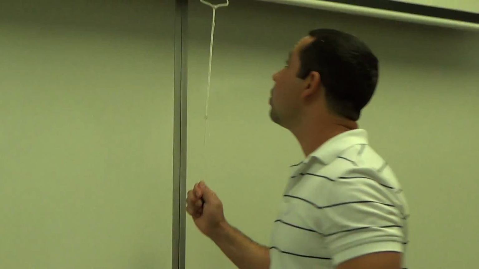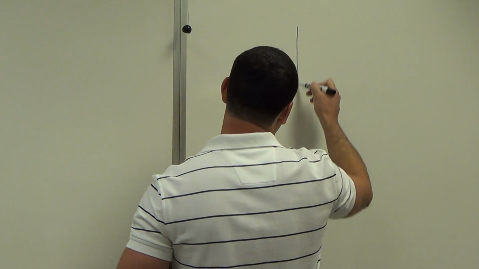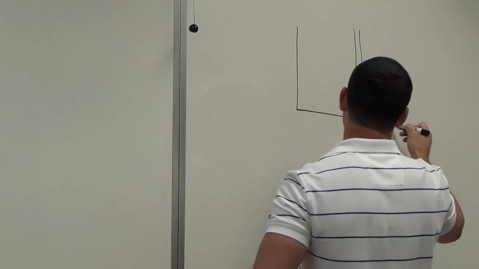Let's build one of these things. We are going to build right now a galvanic cell, or a voltaic cell. What we are going to have is 2 containers. Try to draw it like this.